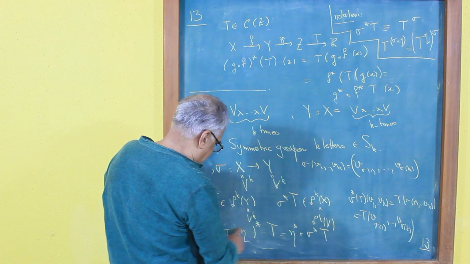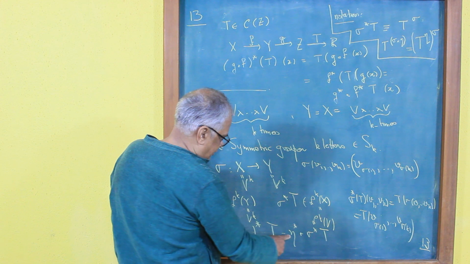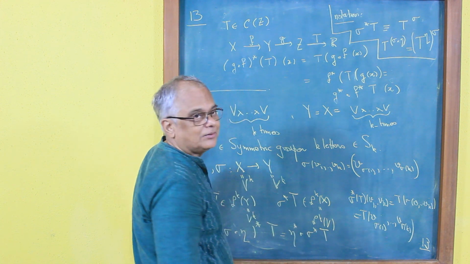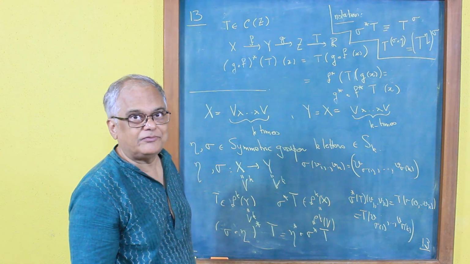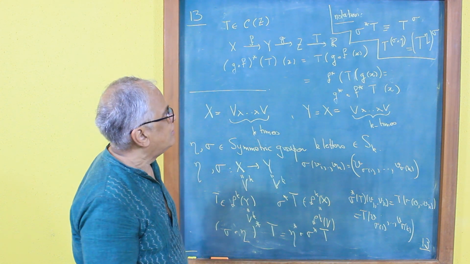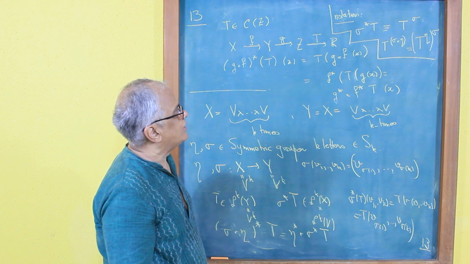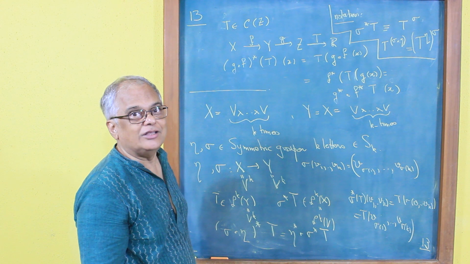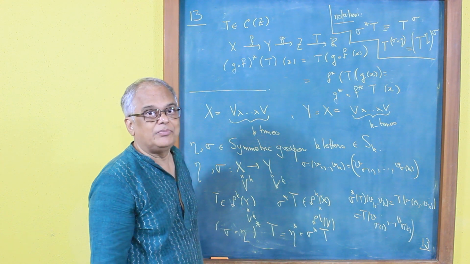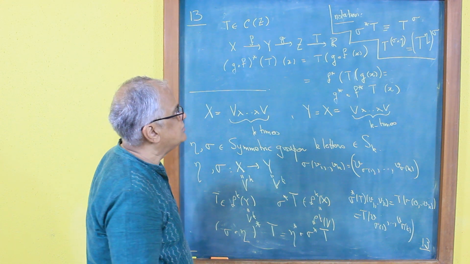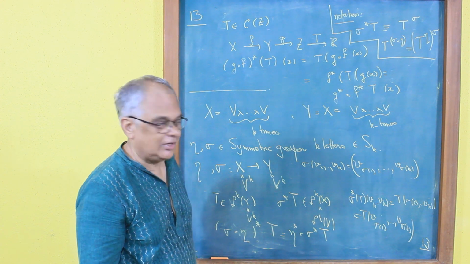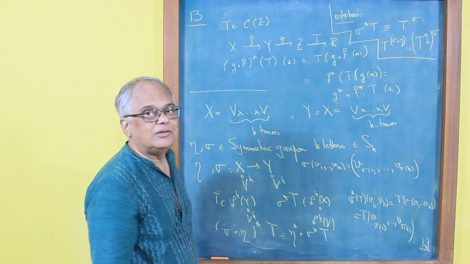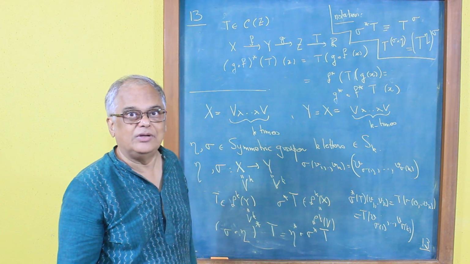T of sigma composed with eta is T eta and then sigma. This is going to take you a bit of time to digest. So in this also the composition of the functions is reversed. Okay? So we are going to be needing this idea very soon. So we'll stop here.